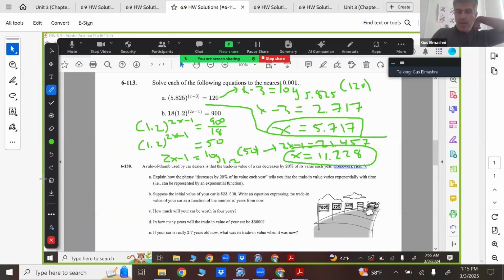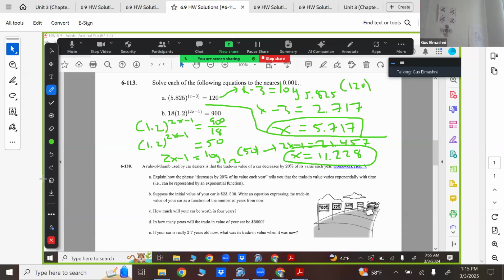Okay. Oh, very important. For part B, please don't do this on the test because if I give you something like this, don't distribute the 18 in here. Divide by 18 first. Because think about it, you think about time balance, right? You have exponent and you have multiplication. If you're plugging a number in for x to evaluate it, what comes first in the order of operations?